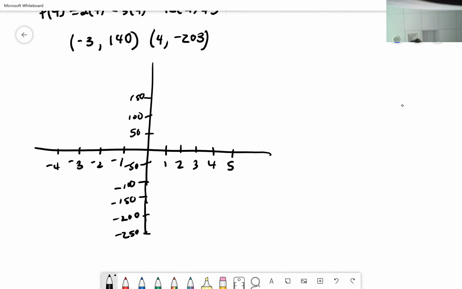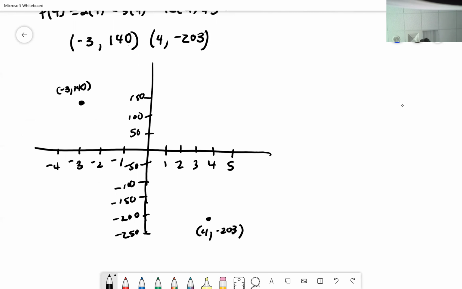Okay, so for negative 3, we have positive 140. So I'll put the dot up here. This is negative 3, comma 140. And then for positive 4 it is negative 203, so that's down here. So this is positive 4, comma negative 203.